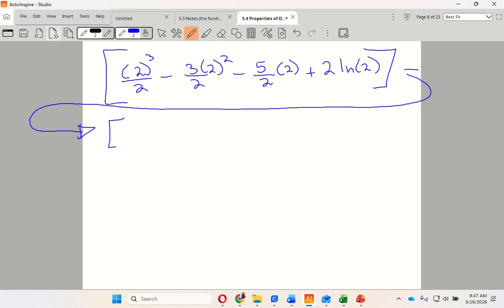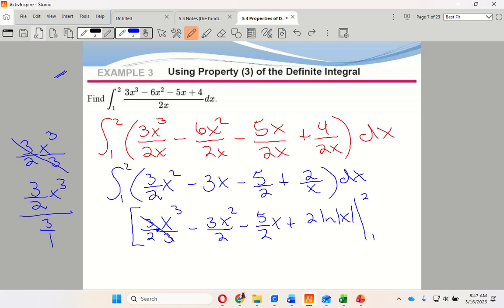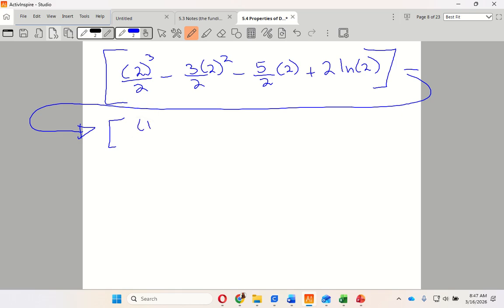So the bottom piece would be, it was 1, right? Yeah, it's 1. So it's going to be 1 to the third over 2 minus 3 over 2, 1 squared, minus 5 over 2, 1 plus 2 ln of 1.